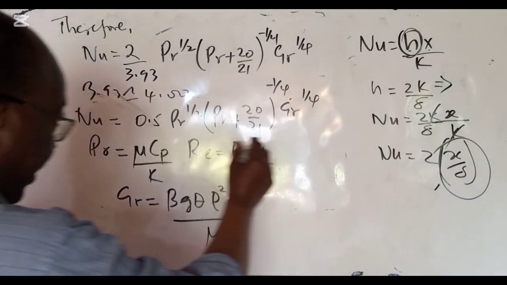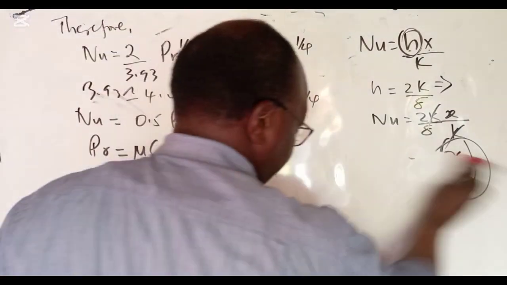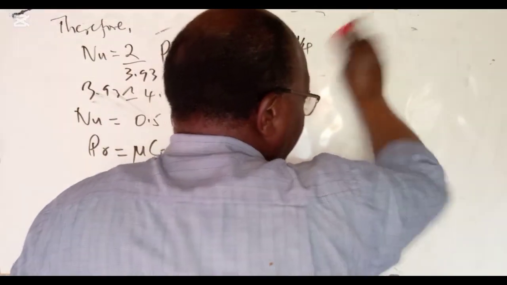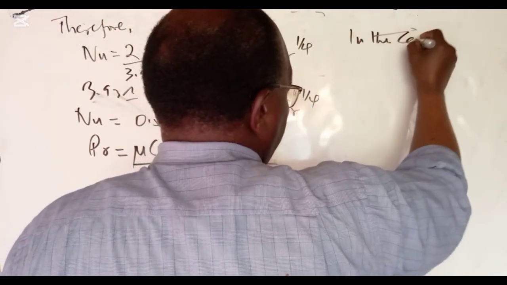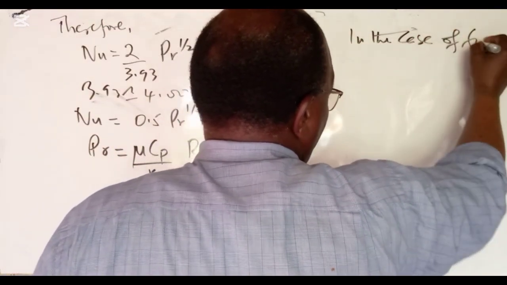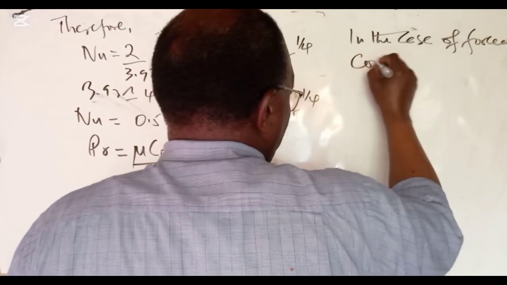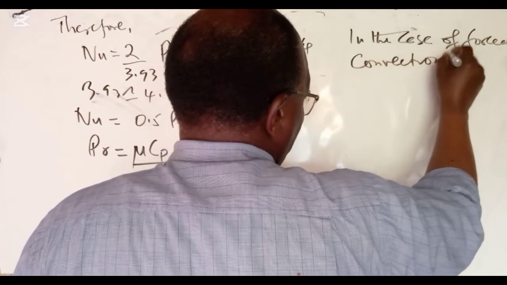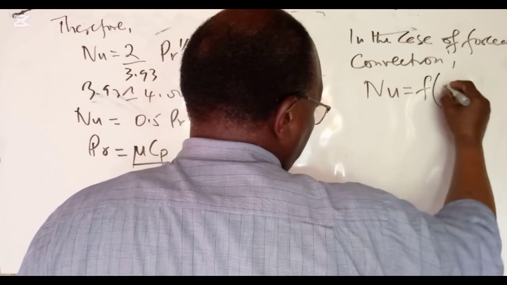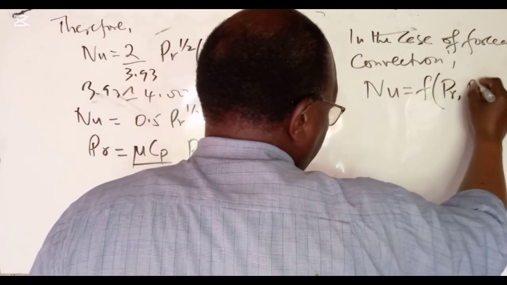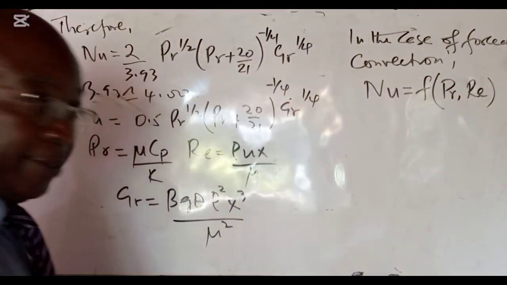So what are we saying here now? The Nusselt number, remember, in the case of forced convection, we have said was a function of the Prandtl number and Reynolds number.